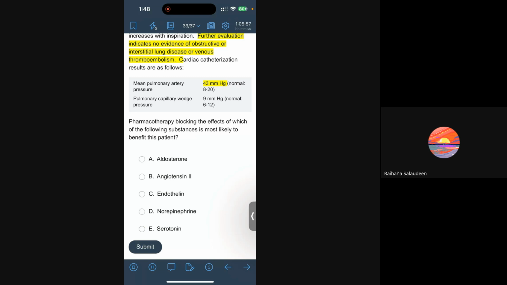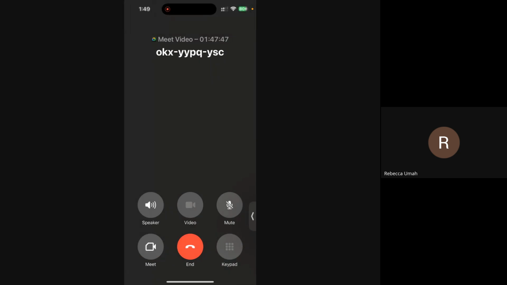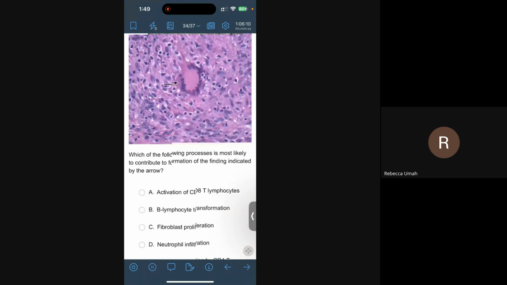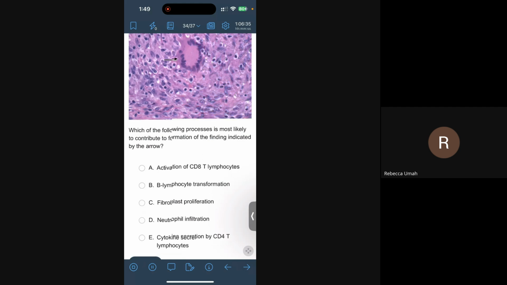One is a phosphodiesterase 5 inhibitor, another is a prostacyclin analog, and the first one is an endothelin antagonist. See the options.